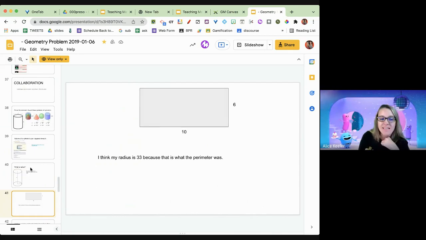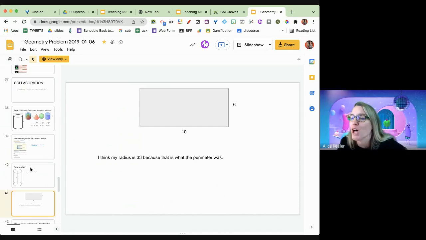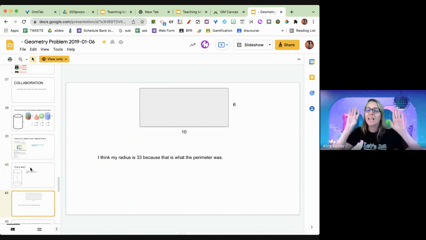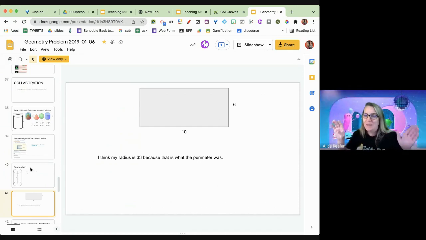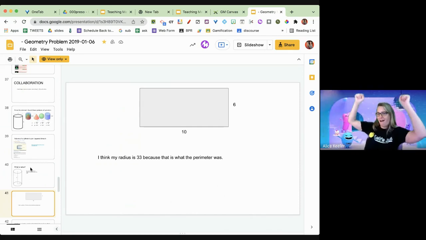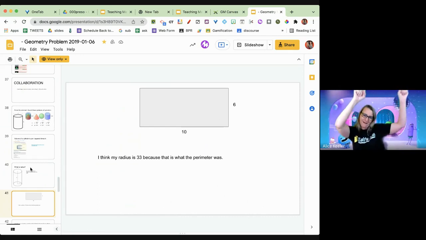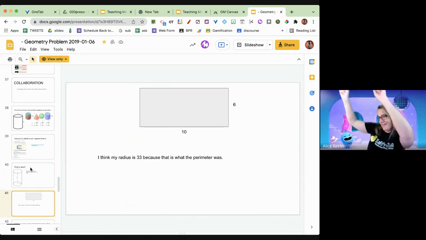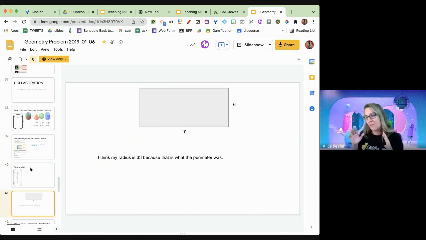I think my radius is 33 because that's what the perimeter was. Oh my gosh, you guys, for reals, my heart is full. I mean, like, it's wrong. But she used the word because. That's all I want. That's all I want.